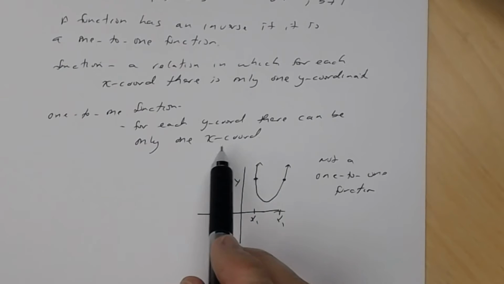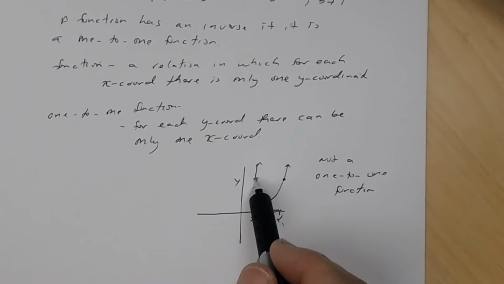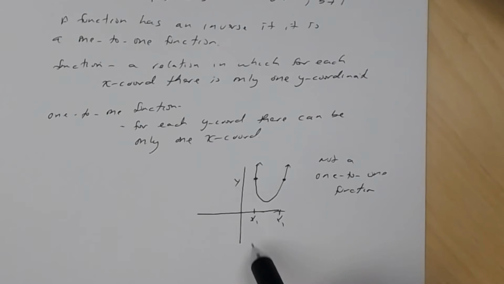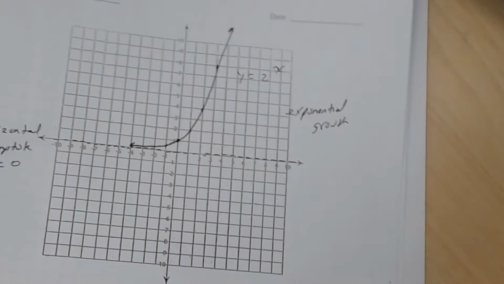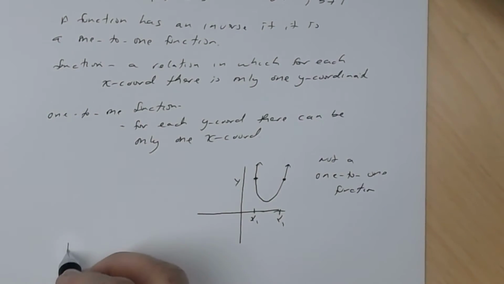So a 1-to-1 function says that for each y-coordinate, there can only be one x. Okay, so you see there, whatever y value this is, if this is y value 2, then you have 2 different x-coordinates. So when we looked at a graph, you could use a vertical line test to determine if it's a function. You can use what's called the horizontal line test.